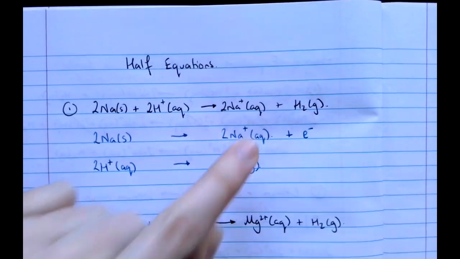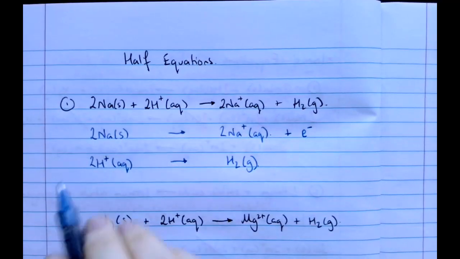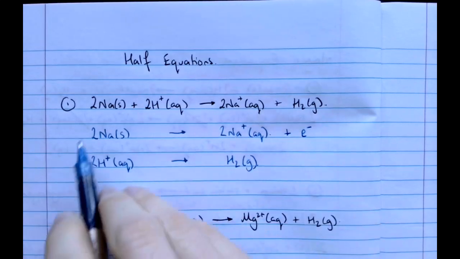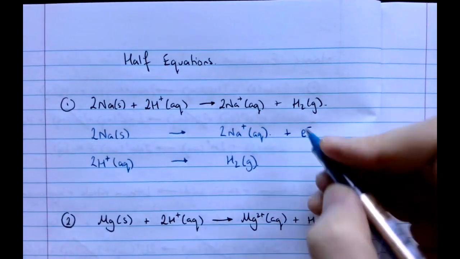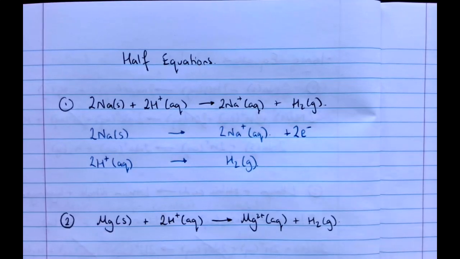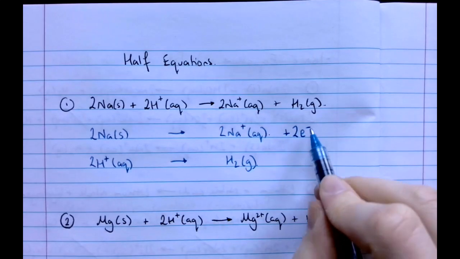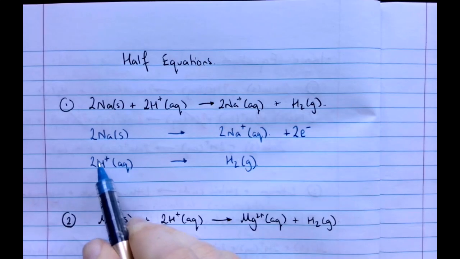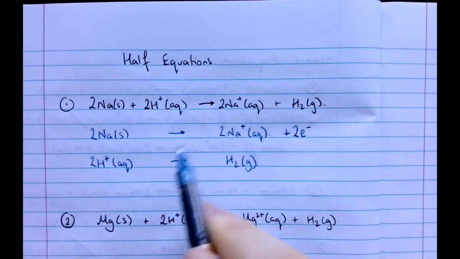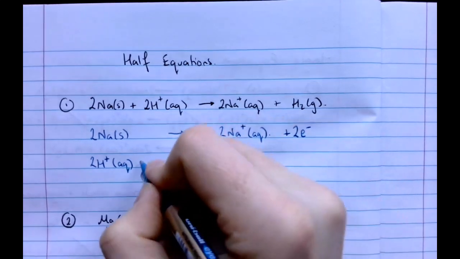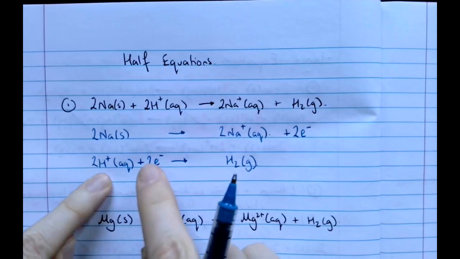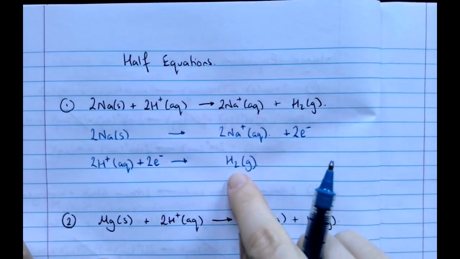However, I've got 2 sodium atoms to give 2 sodium ions and 2 electrons. What happens to these 2 electrons? Well, in order to go from a positive ion to a neutral molecule, I need to gain electrons. So these are gained down here. So my positive plus my negative gives me my neutral hydrogen molecule.